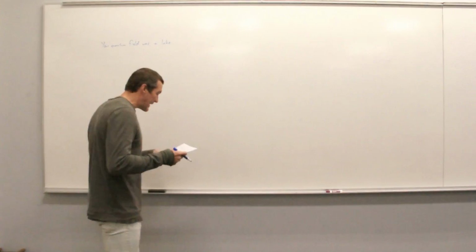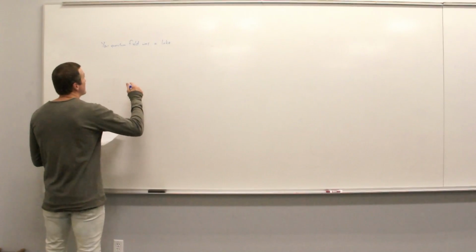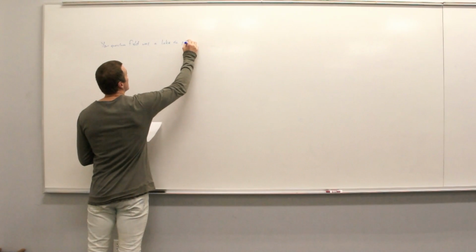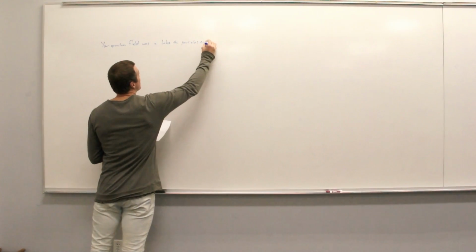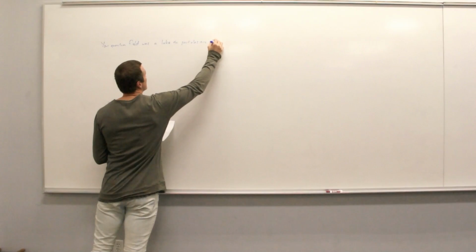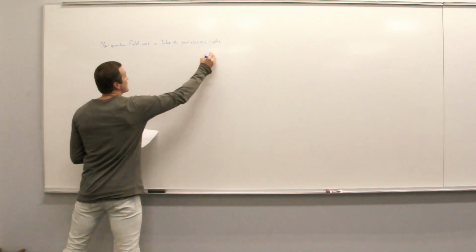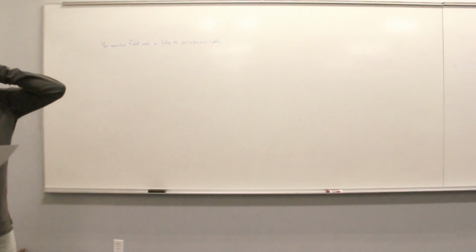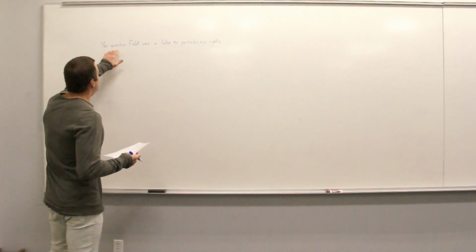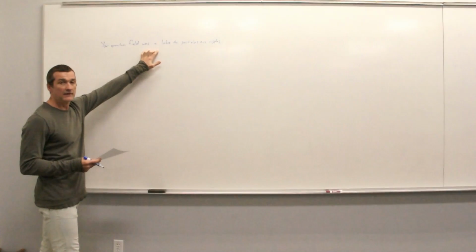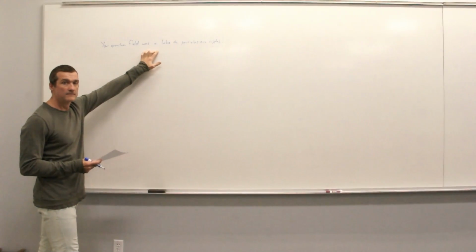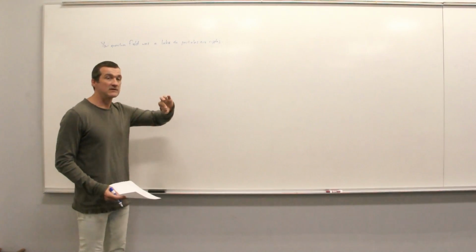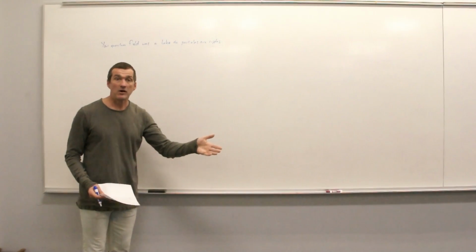So if your quantum field was a lake, then particles are ripples on the surface of the lake. Okay? So your field is the water in the lake. It's everywhere. And a small fluctuation on the surface corresponds to a particle.